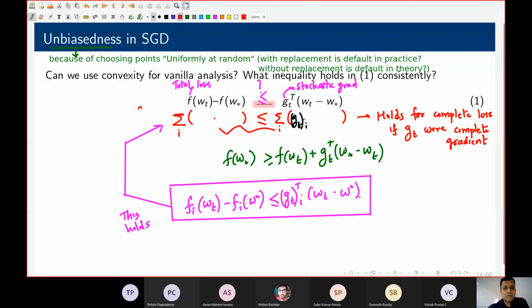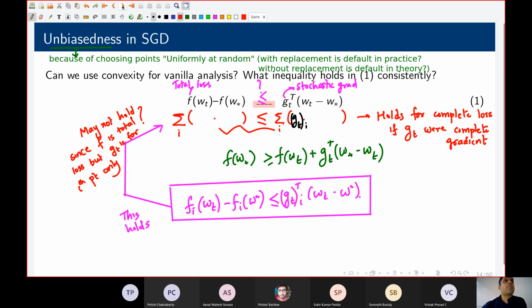The question is whether this holds. It may not hold since F is the total loss, but GT is for the ith point only. Is that clear?